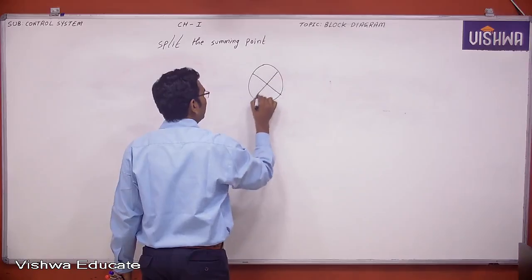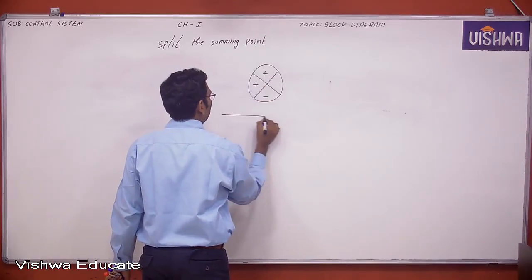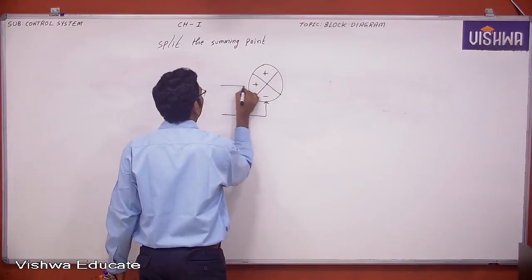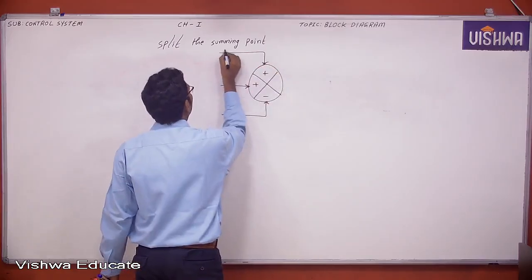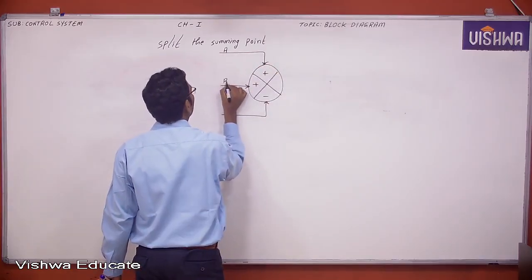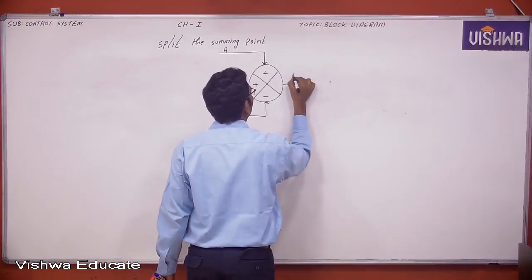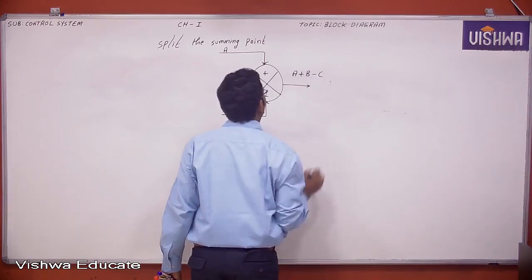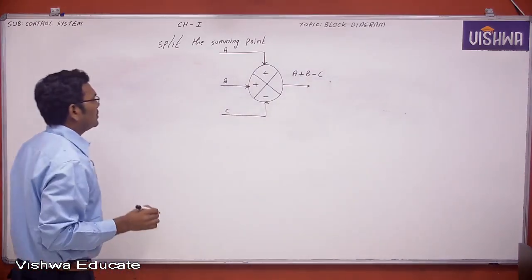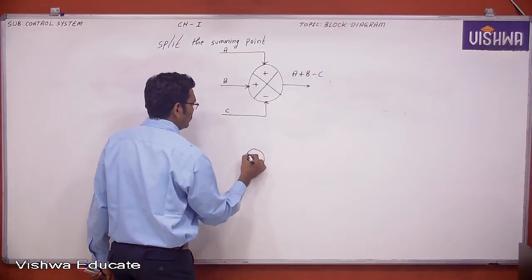So you can split the single summing point into two summing points also. Now this is a summing point. Now you can split this summing point into two summing points.